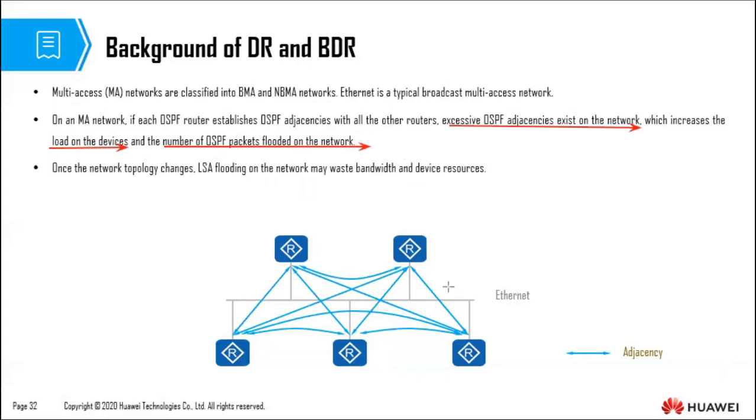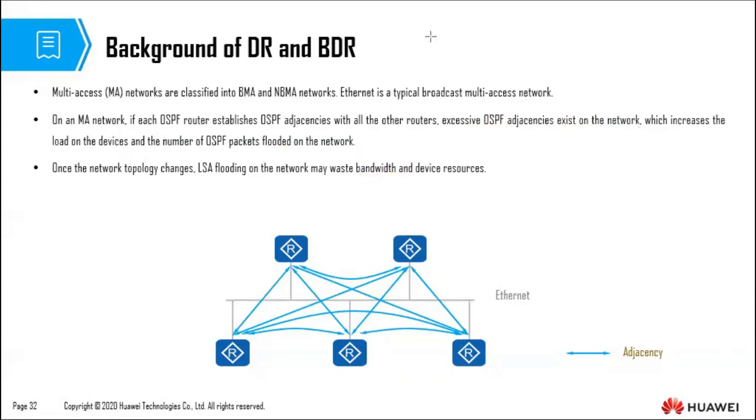If everyone creates adjacency with everyone else, we are going to have a lot of adjacencies. That means each of these routers is going to do a lot of calculation, so it's going to take a toll on the CPU. And because of all the messages we send, we're also going to waste bandwidth, because everyone is sending hello to everyone else.